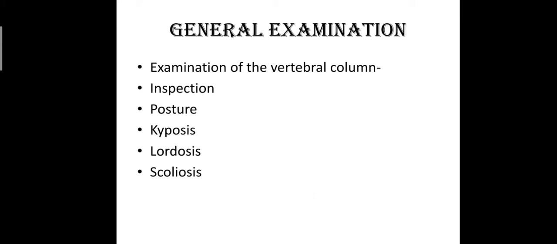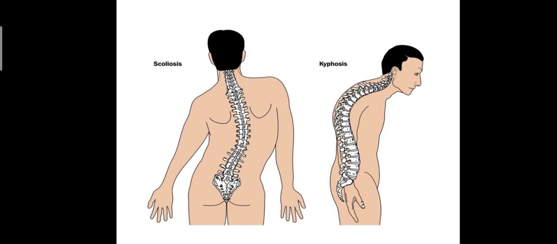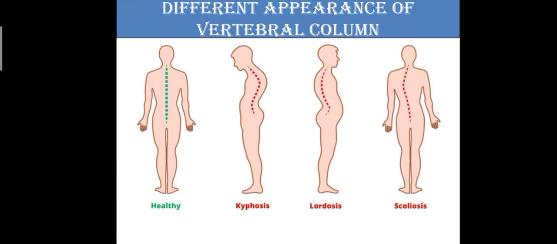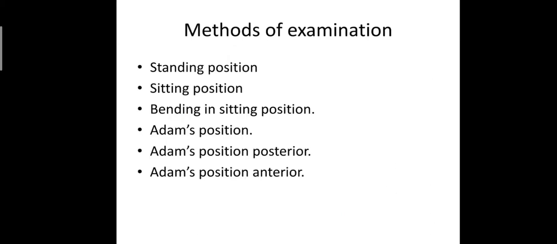Compensatory changes include rotation of the affected vertebra, a secondary compensatory curve above and below the primary curve, chest wall changes, and crowding of ribs. In the later stage, thoracic and abdominal viscera are affected. These are the different appearances of the vertebral column: healthy or normal, kyphosis, lordosis and scoliosis.